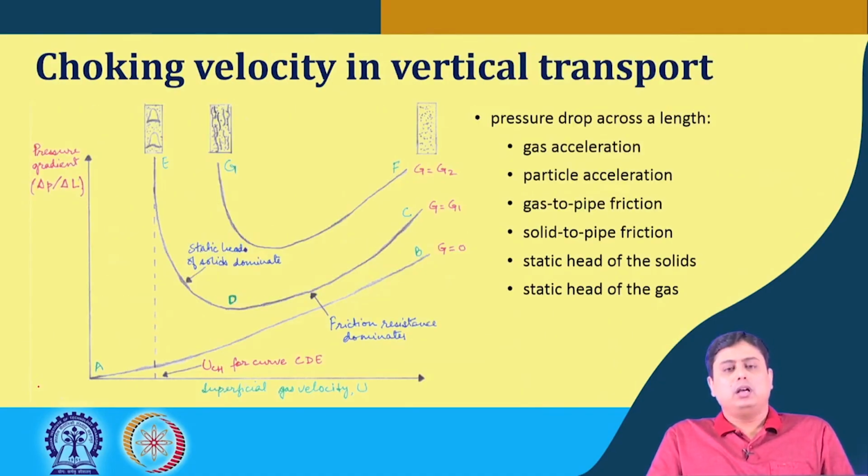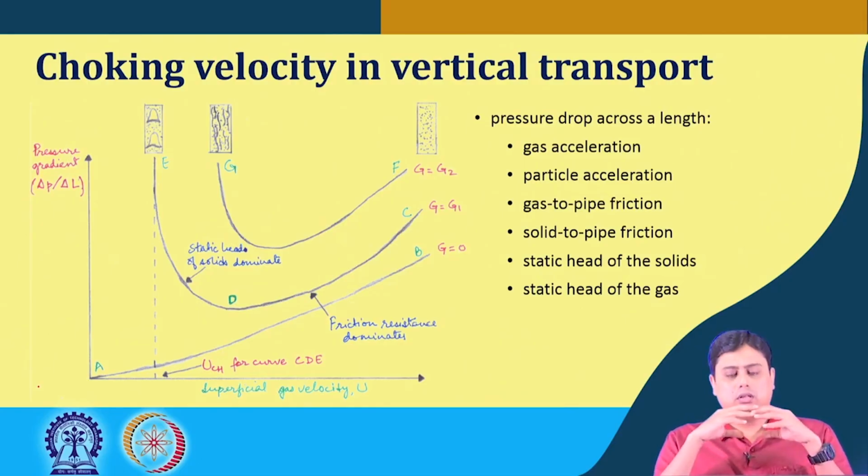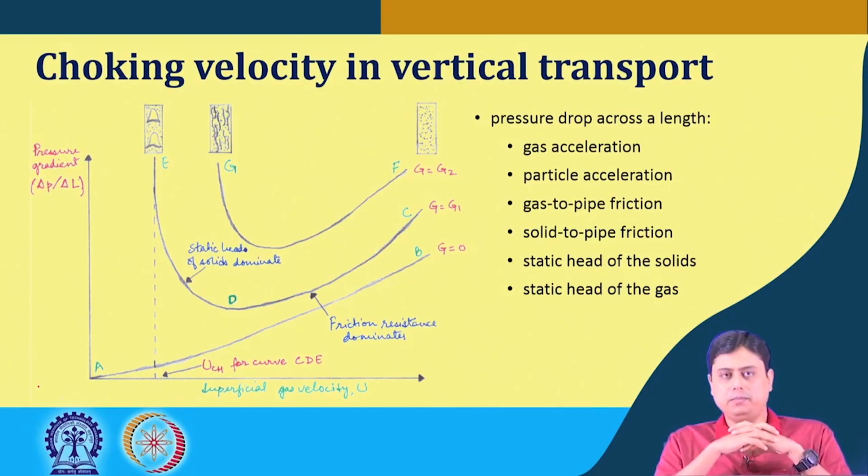Now, in the case of vertical transport, when it is going against gravity, the critical velocity where the operation should be maintained we call the choking velocity.